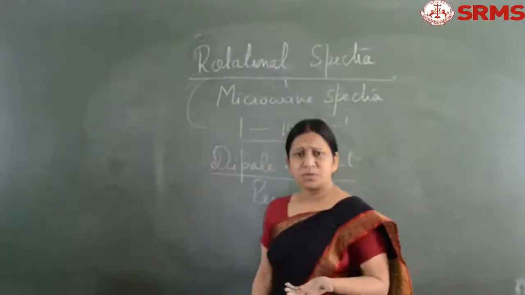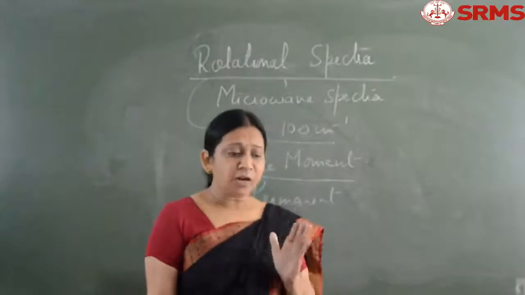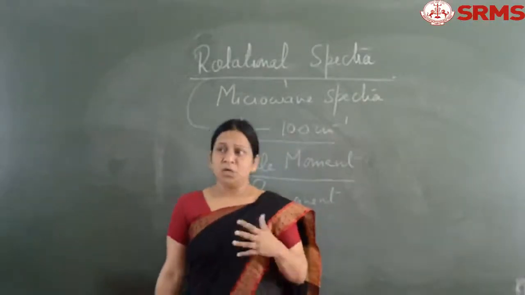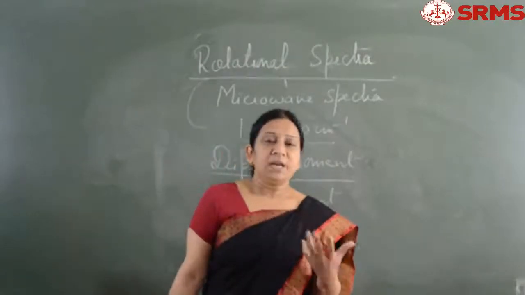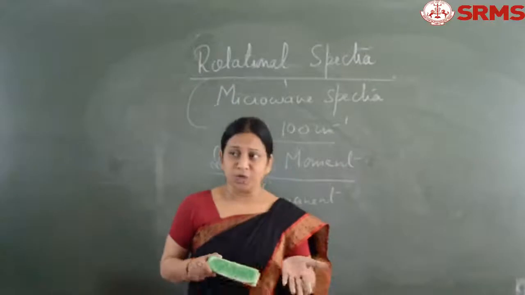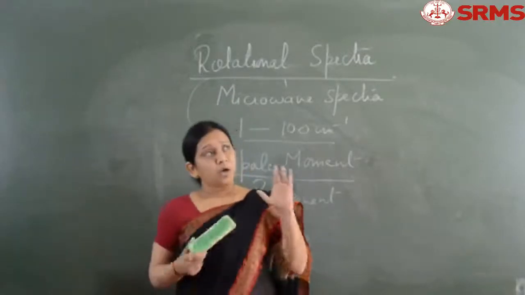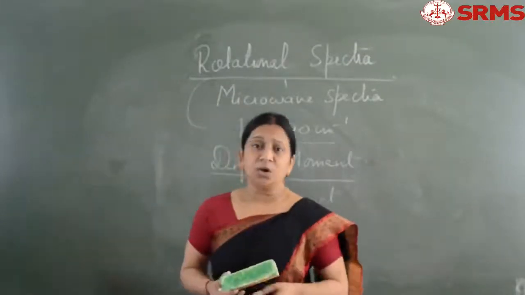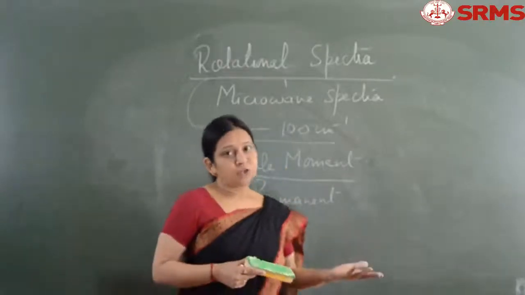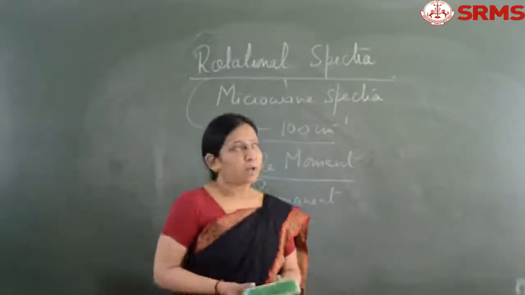And if the molecule does not have a dipole moment, that particular molecule will not give rotational spectra. So it is rotationally inactive. We can talk in terms of active and inactive molecules. Active molecules, according to rotational spectra, are the molecules which have a permanent dipole moment, and inactive molecules are those not having a dipole moment.